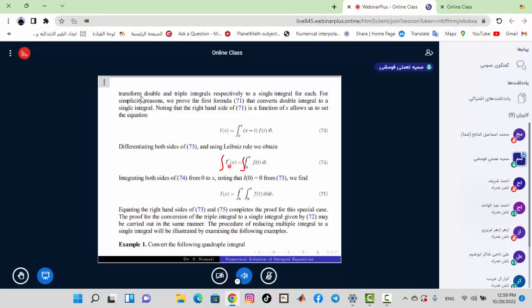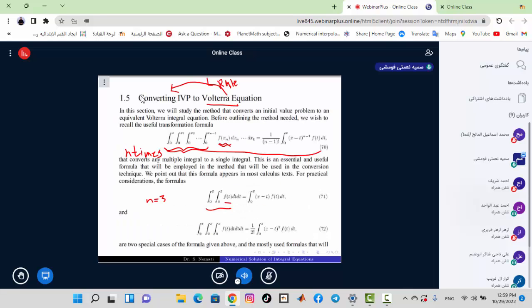Actually, it is trying to prove the first relation here using the general formula 71, using the Leibniz rule. So to prove it, we first suppose that this is I of x, and we just need to show that I of x is equal to the left side of this equality.